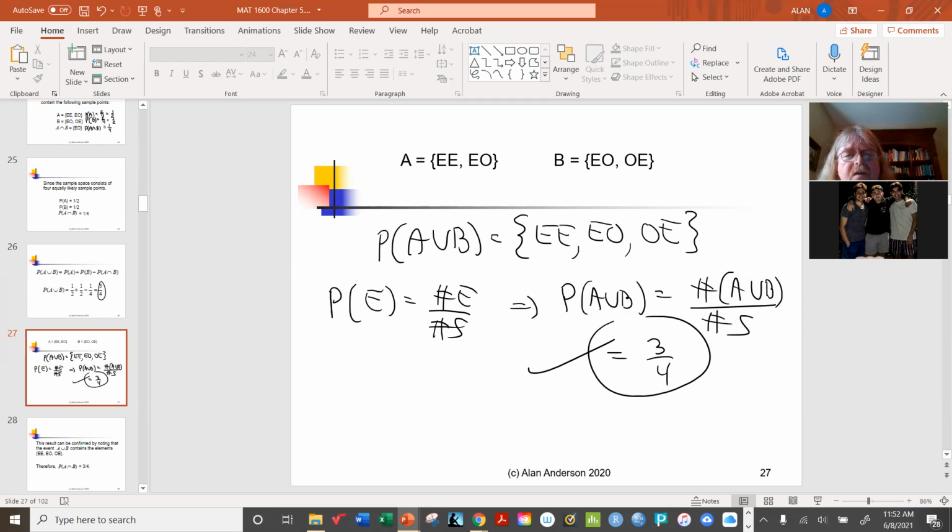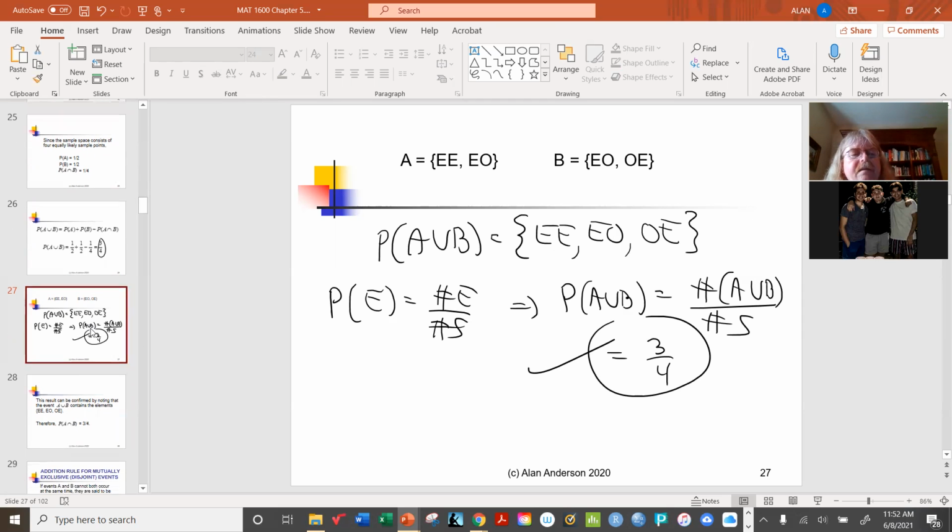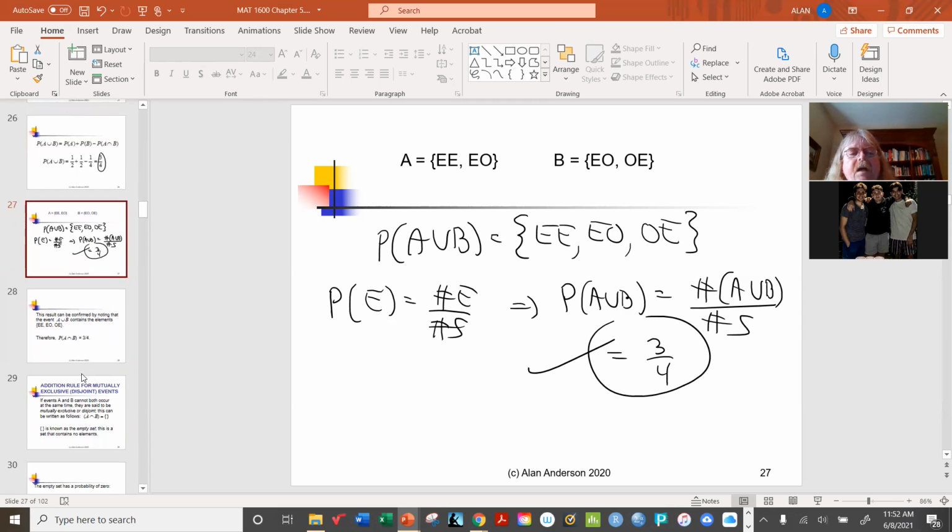But this doesn't always work. Again, this is only true when the elements are equally likely. When they're not, we have to use the addition rule. But it's good to know that you've got 2 options here. All right, so either way, you'll get the same answers. Now, we're going to take a look at an exception to this.